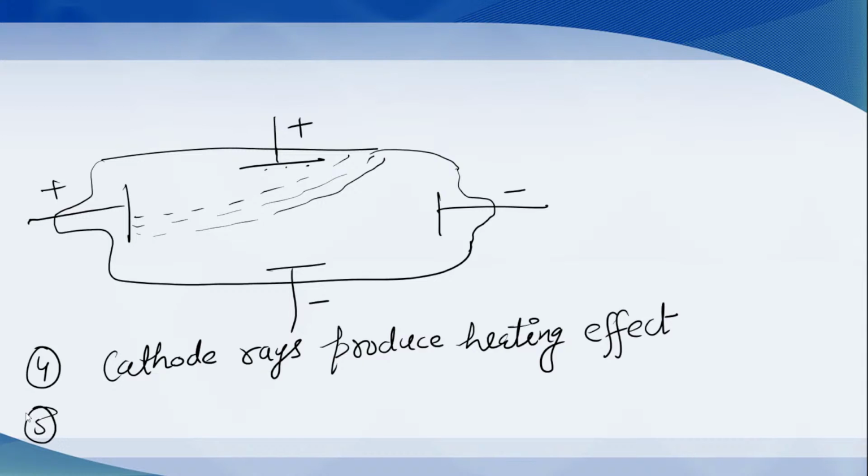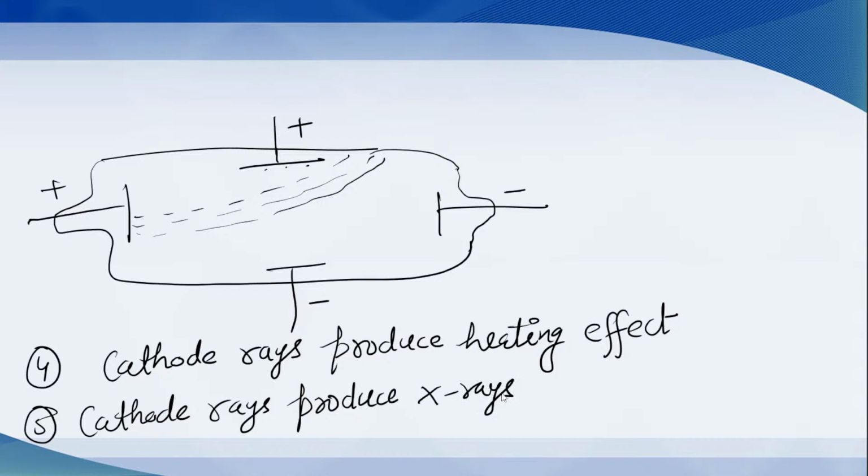Then cathode rays produce X-rays when they strike the surface of a hard metal.